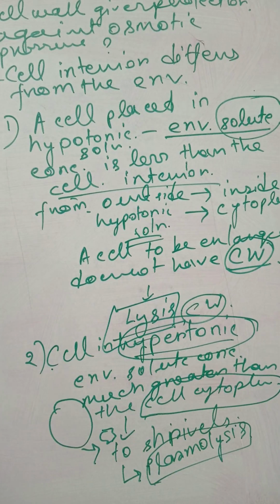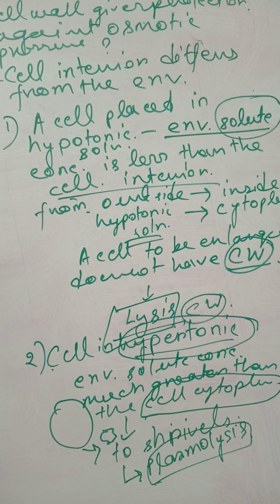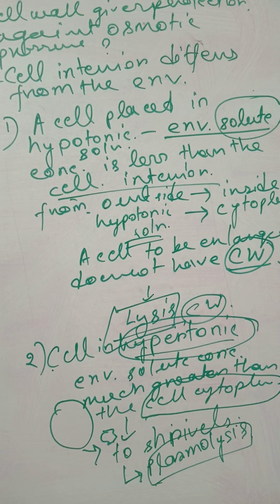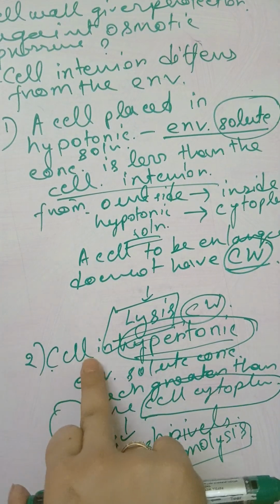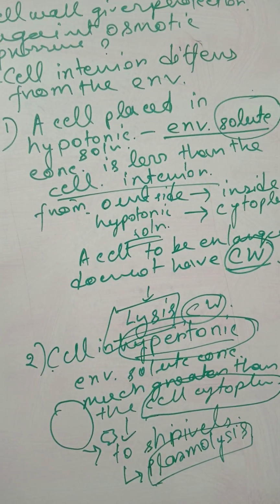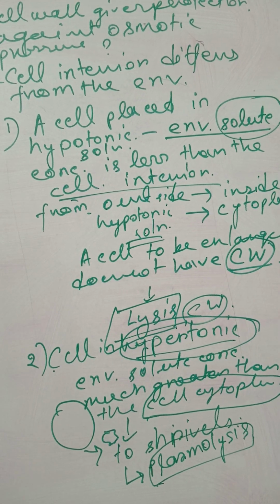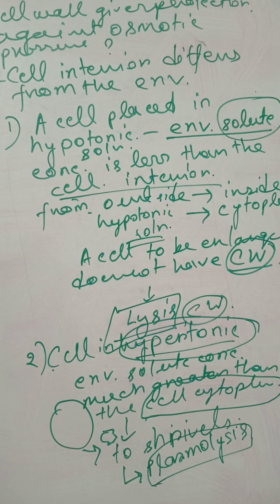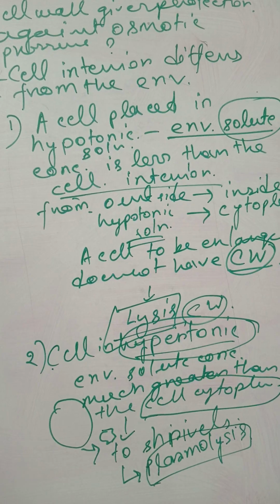They may result in lysis whenever placed into a hypotonic solution, and without a cell wall, if a gram positive or negative bacteria is placed in hypertonic solution, they shrink, and that phenomenon is known as plasmolysis. So this is how the cell wall basically gives protection against osmotic pressure to a bacterial cell.